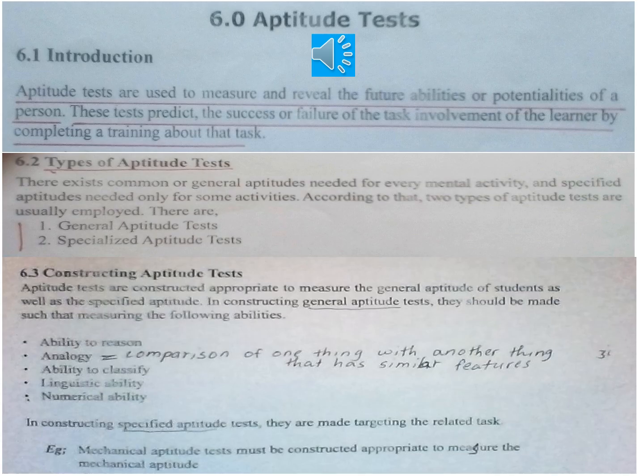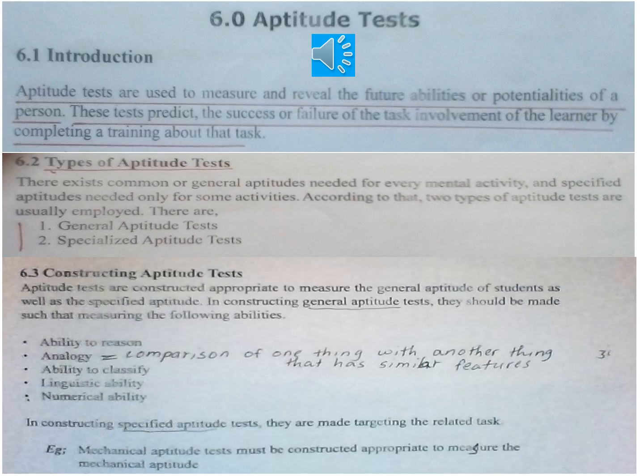Then general aptitude tests, they measure what? Ability to reason, analogy. Analogy means comparison of one thing with another thing that has similar features. There are pictures also. Remember the grade 5 scholarship exam? Ability to classify, linguistic ability, numerical ability. Those are for general aptitude tests.